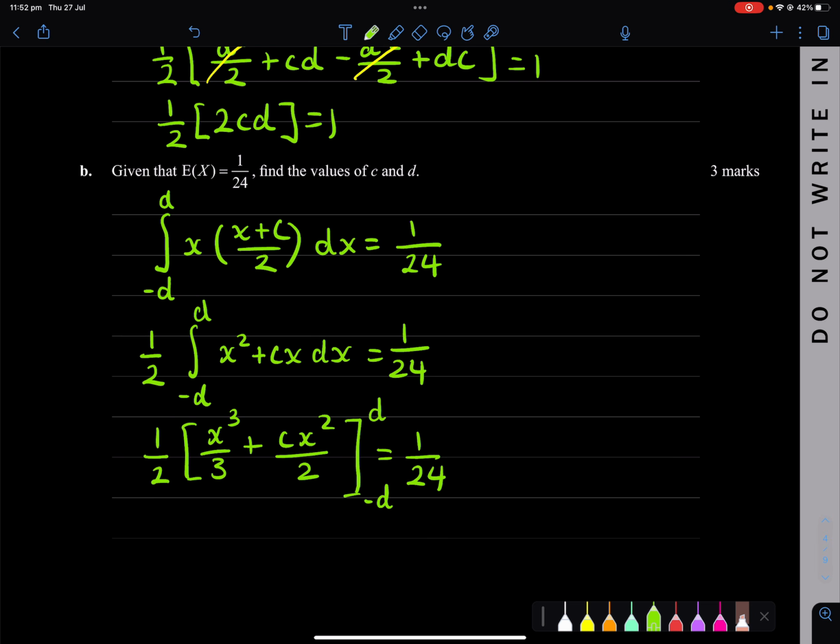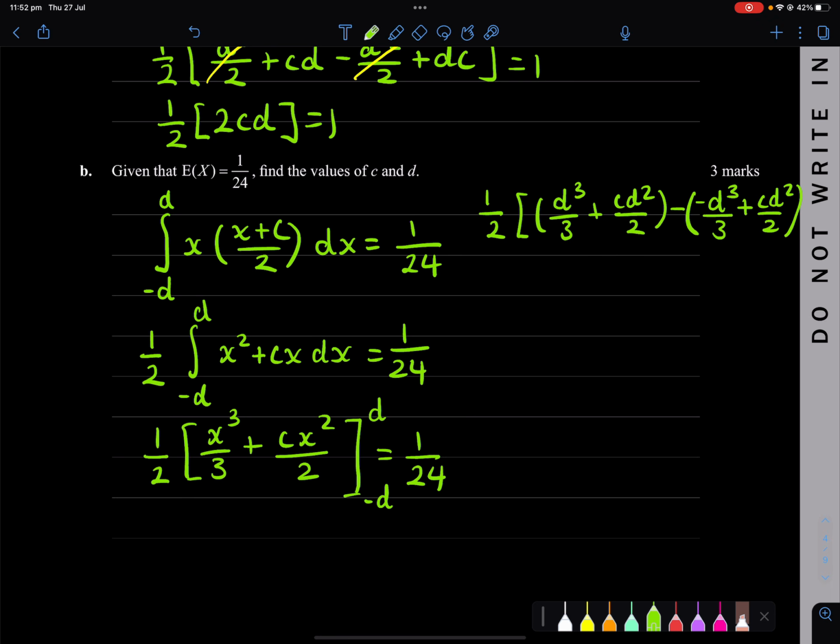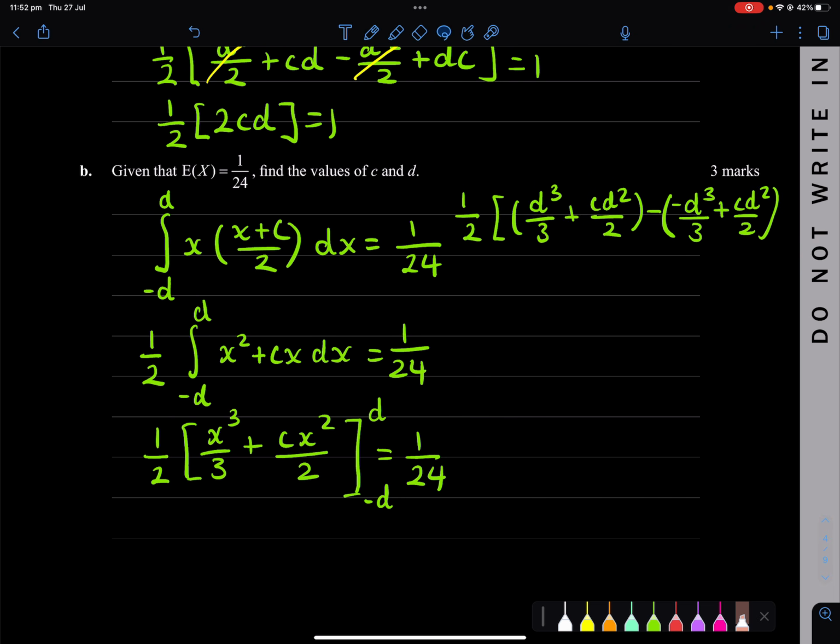Okay, now I need to sub in those values. So it'll be half. So the first value, which is d to the power 3 over 3 plus cd squared over 2, minus, it'll be minus d to the power of 3 over 3, and here will be plus cd squared over 2. Okay, now I know this. Oh my god, yeah, I was just so confused.